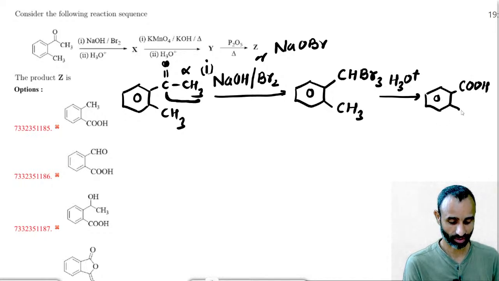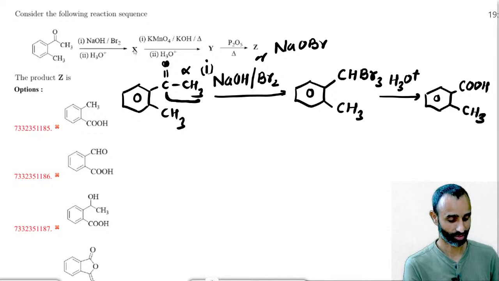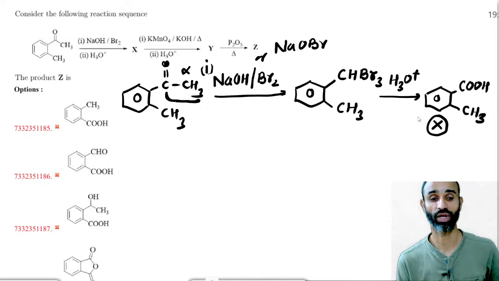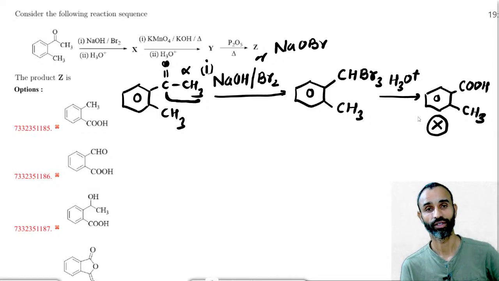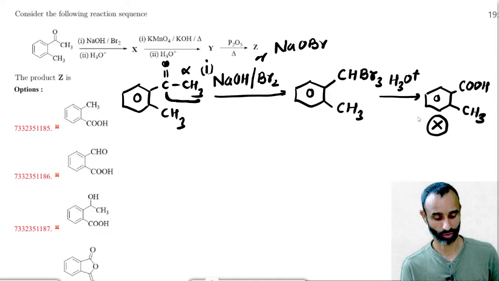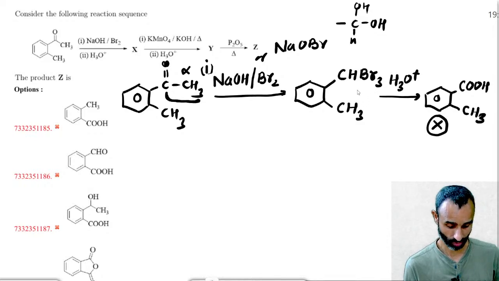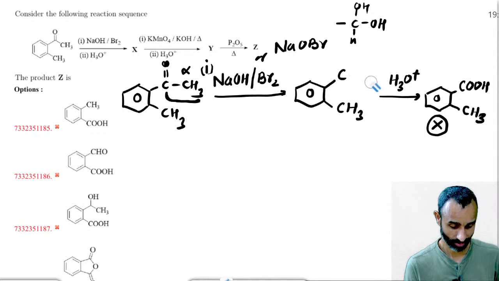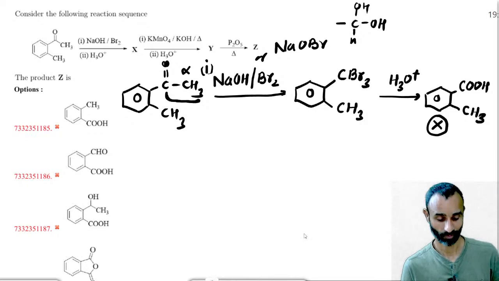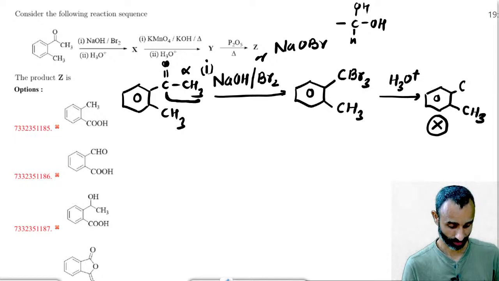Benzoic acid, this will remain as such. So X is this one, because hydrolysis will hydrolyze only CBr3. So we get COOH.